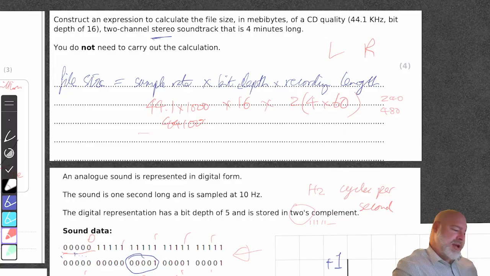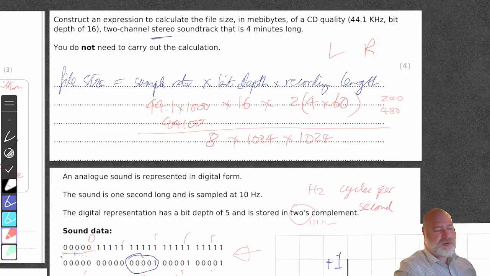and underneath, then we can convert it into megabytes, which is what we did earlier. So we know that 8 bits in a byte, so we're going to have 8 in there, and then we need to convert it into megabytes by doing 1024 to the power of 2 or 1024 times 1024, knowing that a kilobyte is 1024.